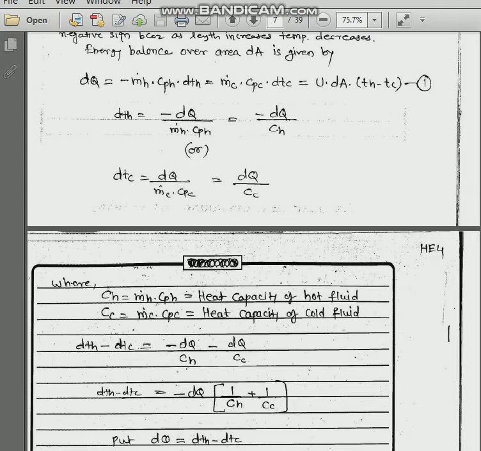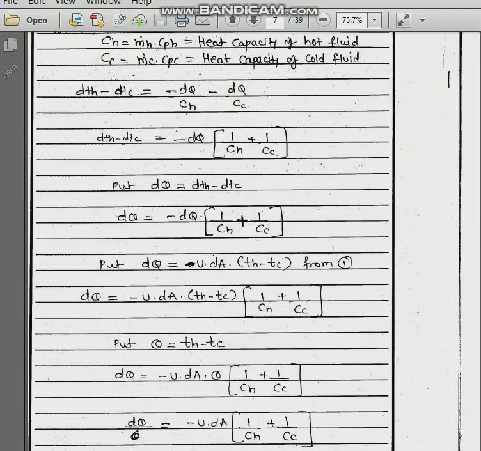This product m dot h into Cph can be written as Ch, which is known as the heat capacity of hot fluid, or we can also write dTc is equal to dQ divided by mass flow rate of cold fluid into specific heat of cold fluid, and of course the same can be written as dQ divided by Cc. As I told, Ch is the heat capacity of hot fluid and Cc is the heat capacity of cold fluid. Now we will take dTh minus dTc. So equation 1 will be changed to minus dQ divided by Ch minus dQ divided by Cc.